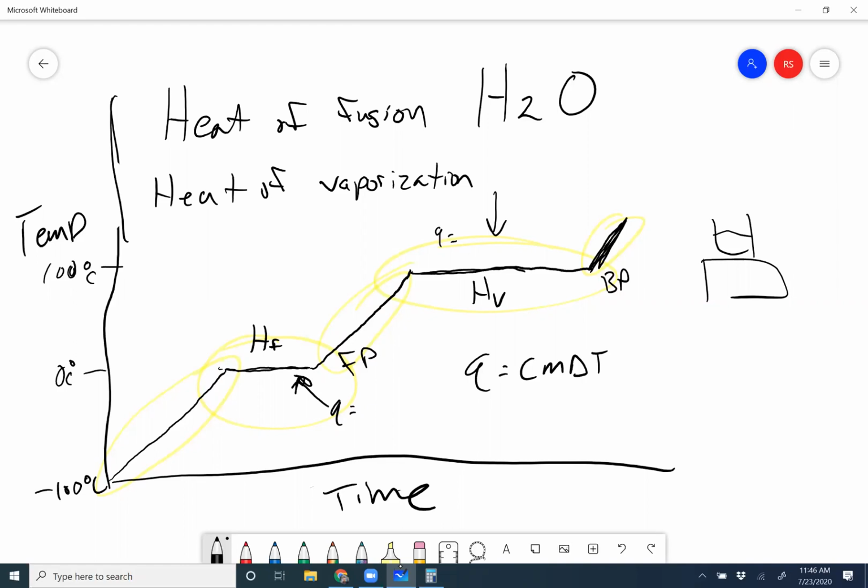You'll notice that the plateau here is smaller than the plateau here. That translates into the amount of heat it takes to transfer water from a solid to a liquid. Solid to liquid is much less than the heat that is required to go from a liquid to a gas.